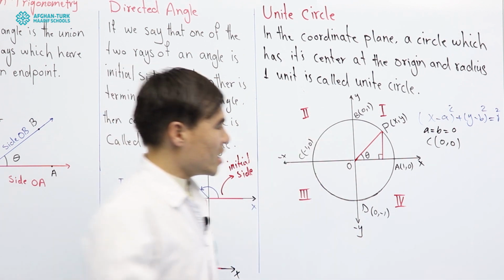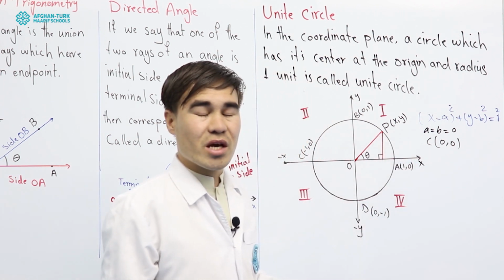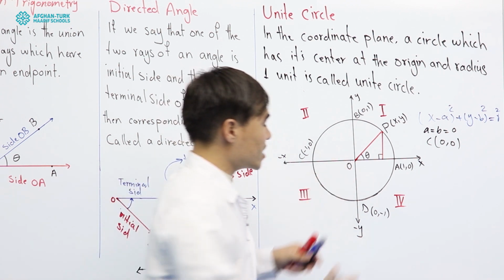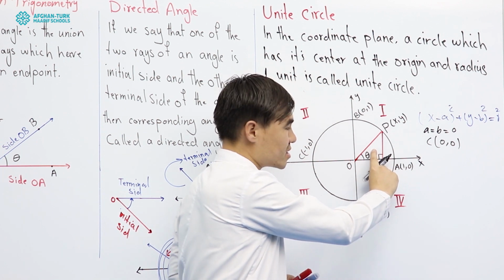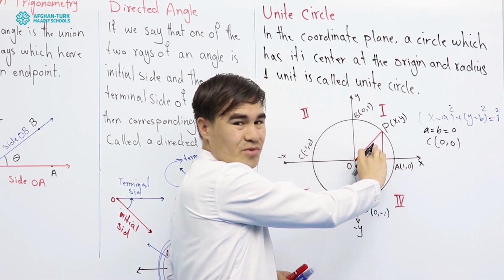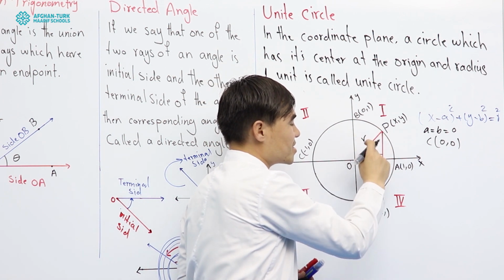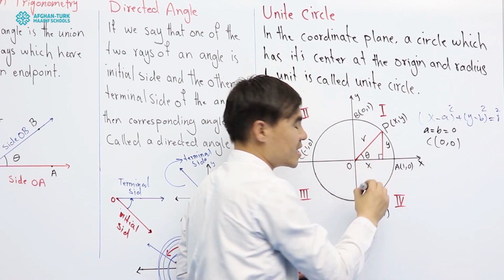is called a unit circle. According to the Pythagorean theorem which we have studied in geometry, I can write: this is a right triangle, suppose this is the radius, this is the y-axis, and this is the x-axis.